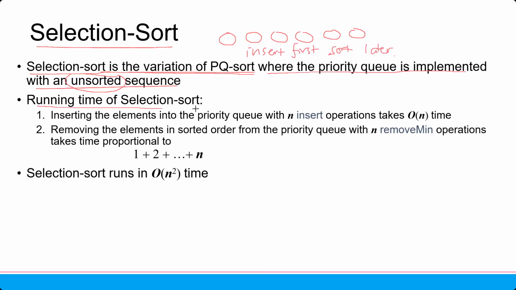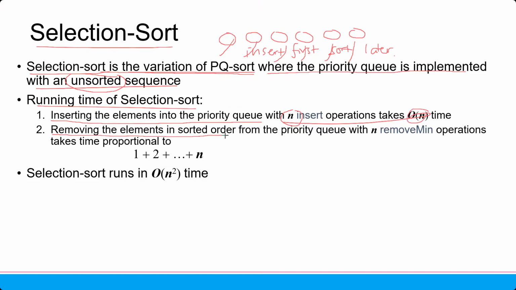So the running time for the selection sort: inserting the elements into the priority queue with n insert operations will take O(n) time. So if you put every element into the priority queue, and if there are n elements, it will take O(n) time.